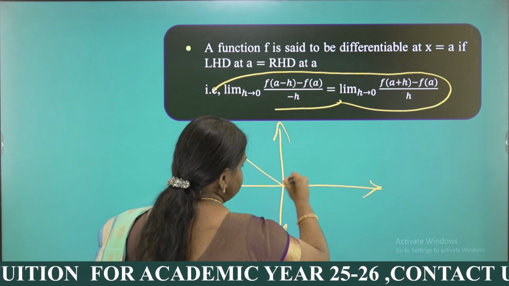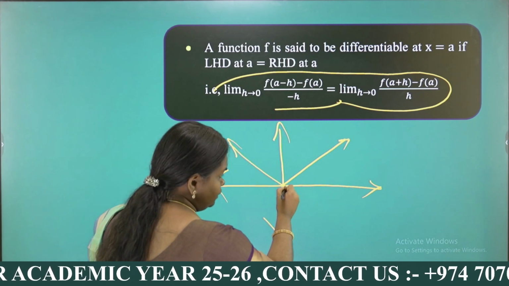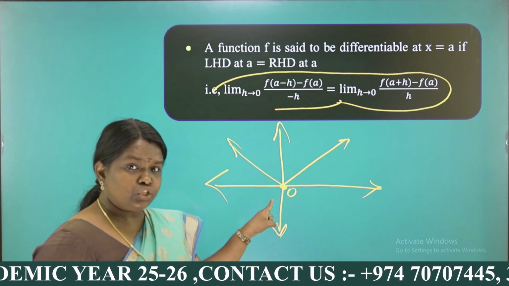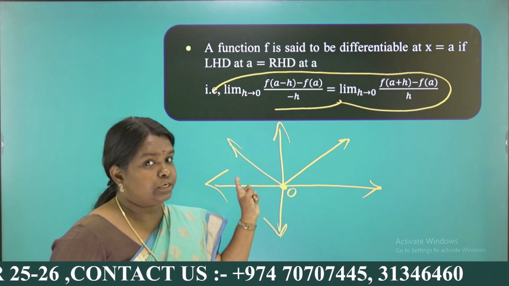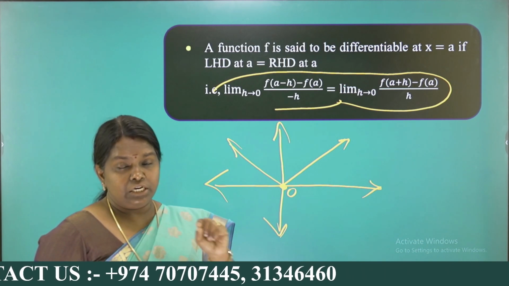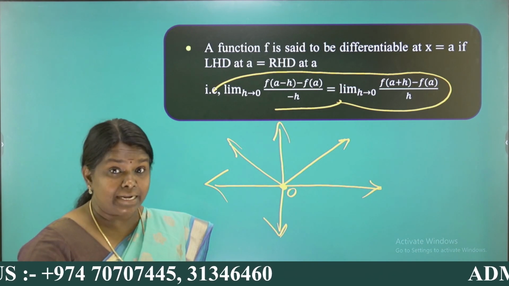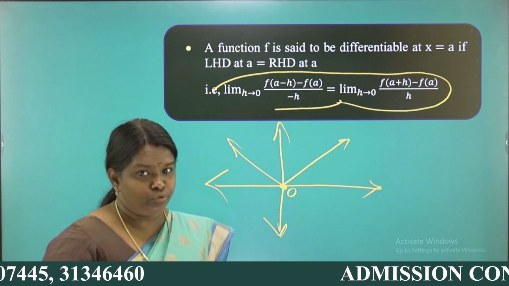Because this is the V-shaped graph, and dears, do we have a unique tangent at this point? No, there are two tangents at this point. So it is not differentiable at x equal to 0. That is our geometrical meaning only, but mathematically you have to explain that.